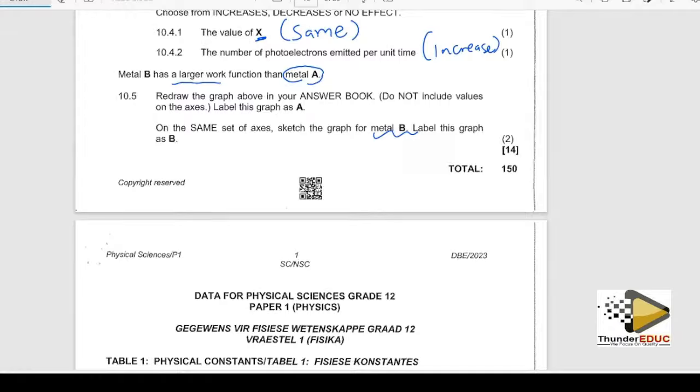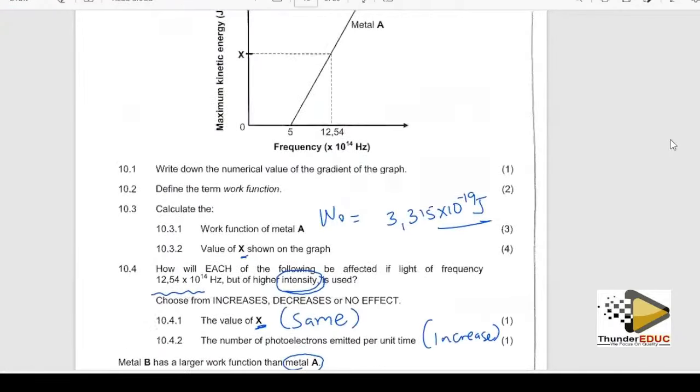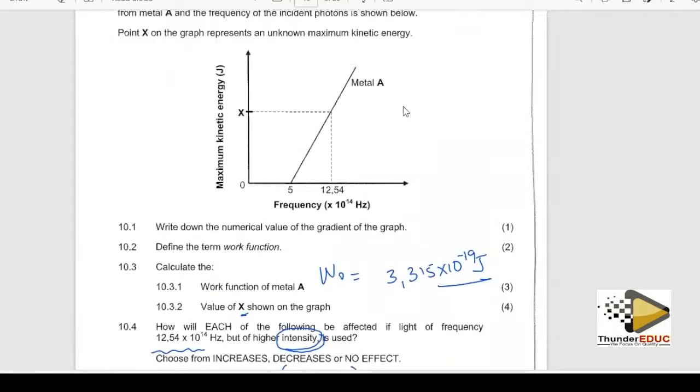So from the graphs, I don't need to draw, I'll just use this. If this is our graph A, with this sort of work function, graph B has a higher work function, which means it must be drawn somewhere there. And we call this B, because if this frequency is high, which means even the work function is going to be high.